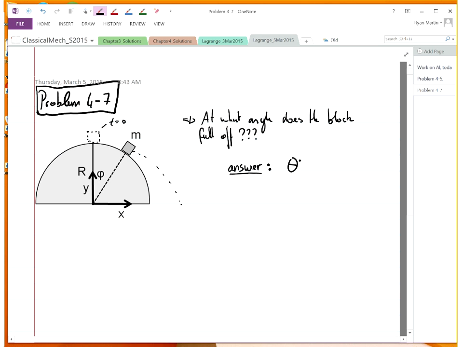We call it phi naught. It's actually a weird number, it's 48 degrees. Even worse, 48.19 degrees. So if you haven't done this problem before, it's surprising that you don't need to know any of the numbers and then you get some odd looking answer.